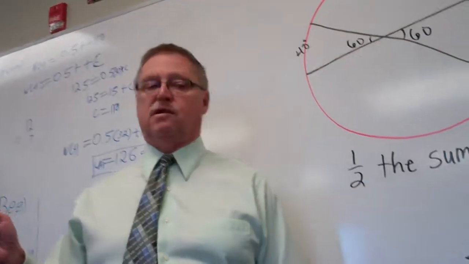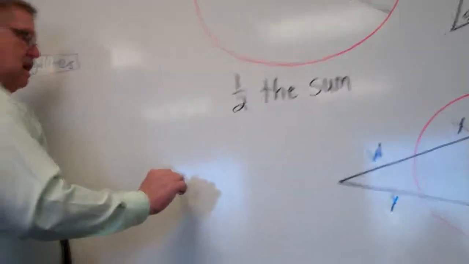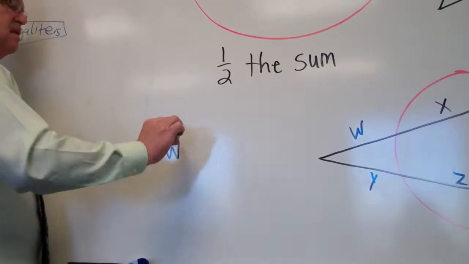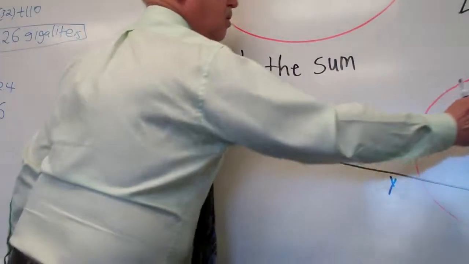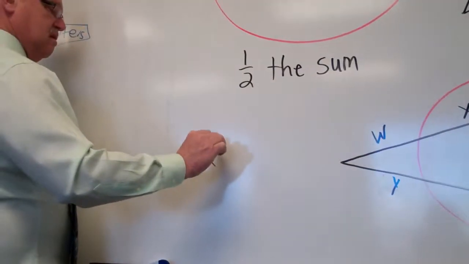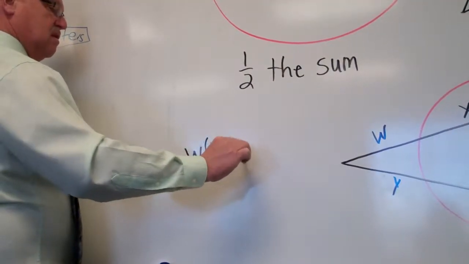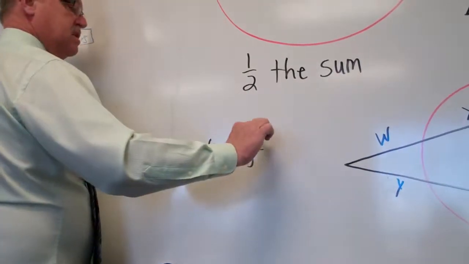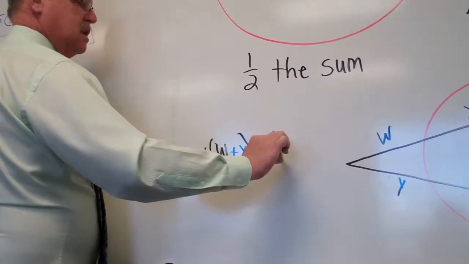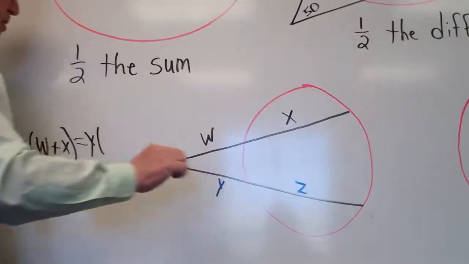Watch me write as I repeat that. Outside piece times the whole thing equals outside piece times the whole thing.